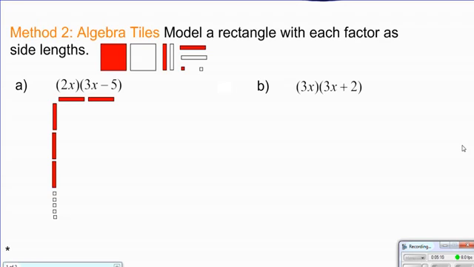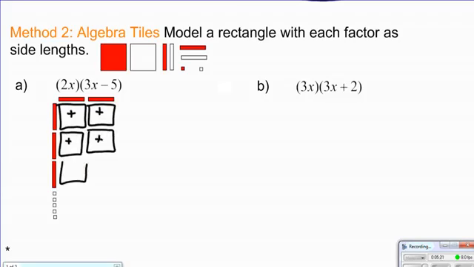So again, when we're filling in, we've got positive times positive, so that gives us positive x squared. So these are still all the same. I guess I could be dragging them. Okay, and now we have positive x times negative 1. So these are making negative x tiles.